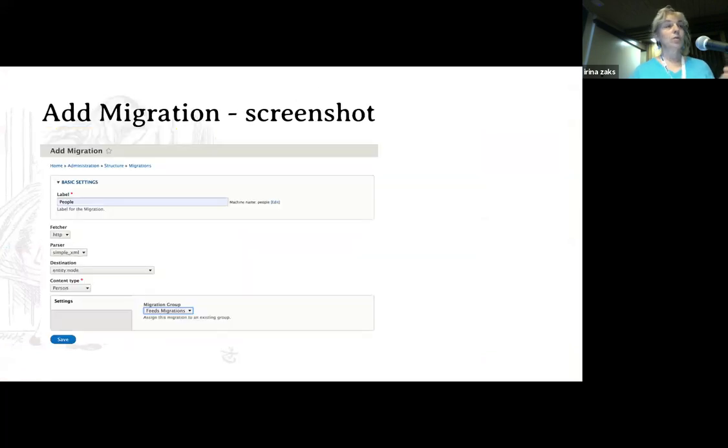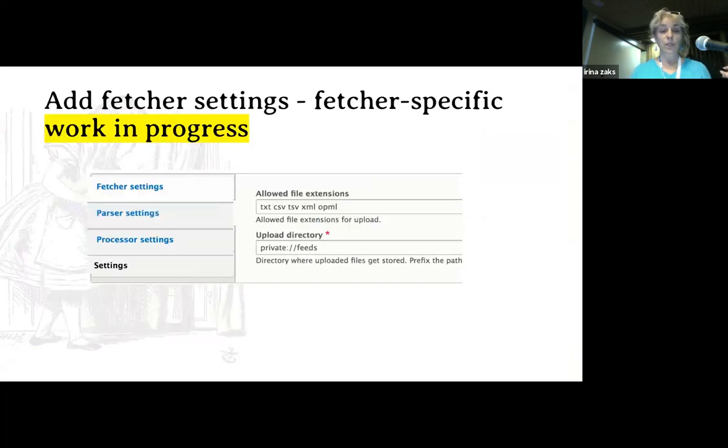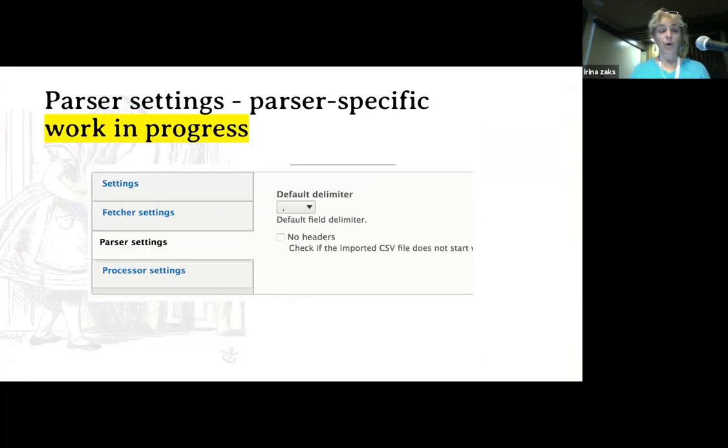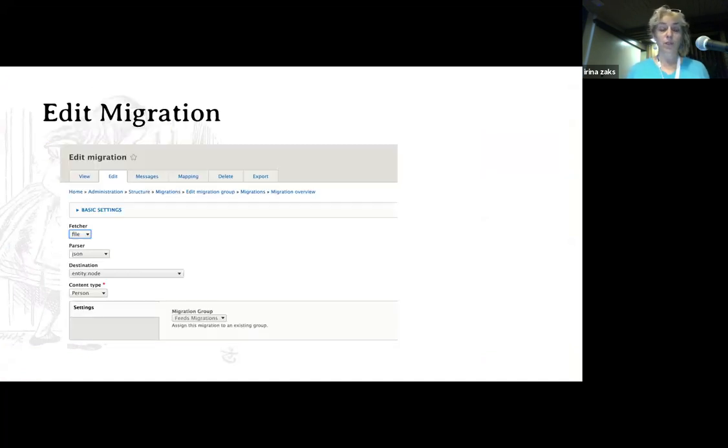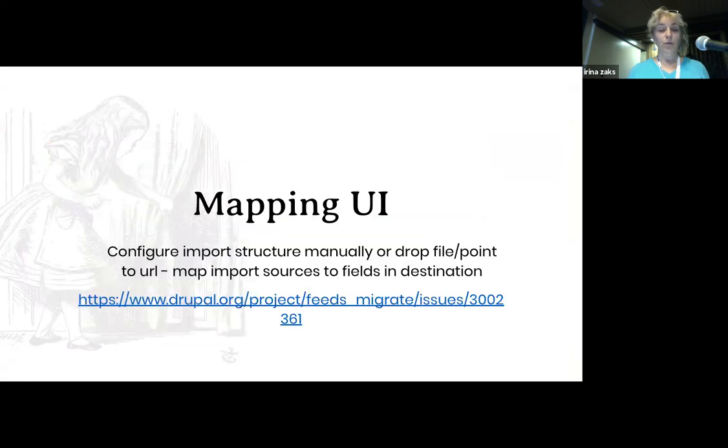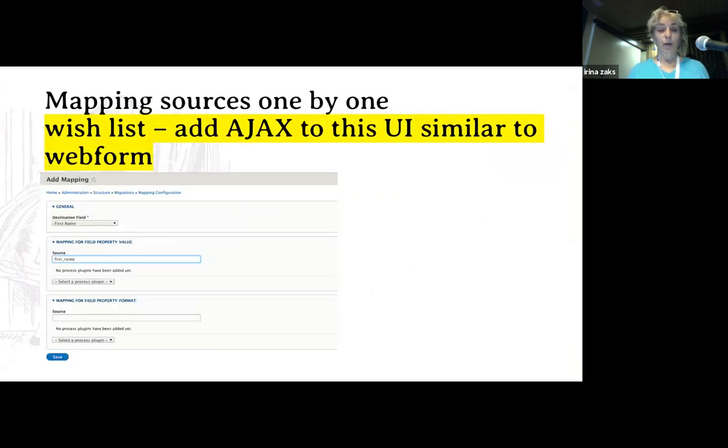So I want to go through some screenshots and see what is still work in progress. Parsers are partially done. Authentication is one of the things that has not been started yet for the UI. And this is where we said we have to have it. We can edit migration. We can map migration.